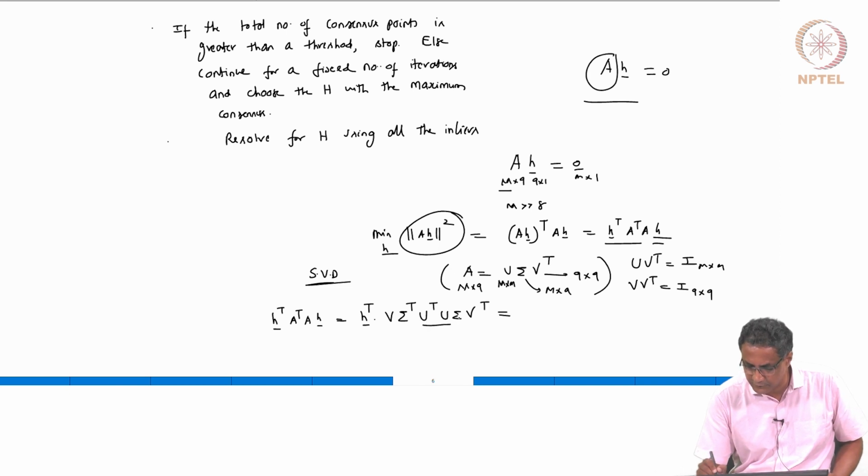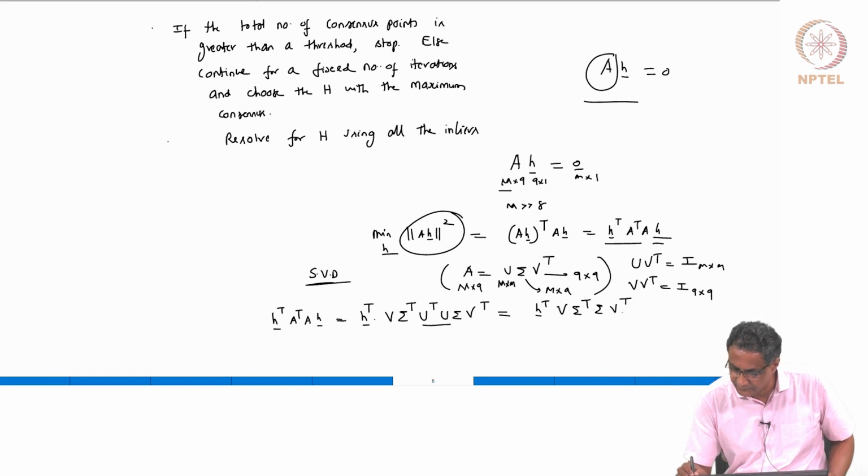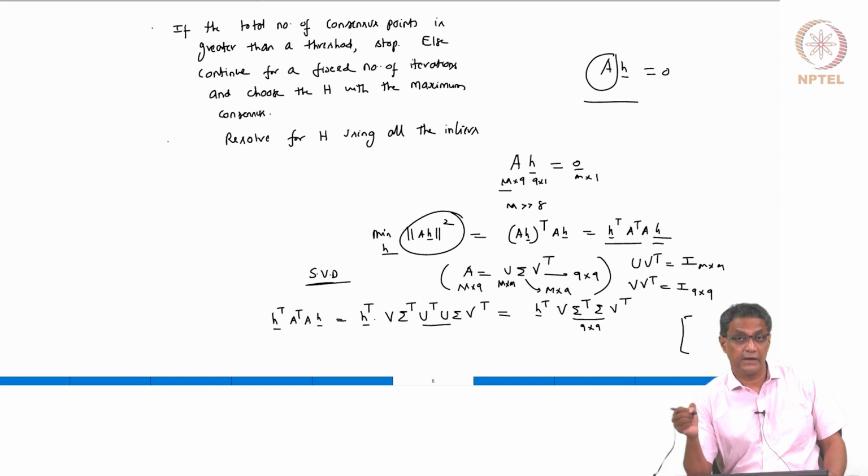U transpose U is identity, so these are inverses of each other, and you get H transpose V sigma transpose sigma V transpose H. And sigma transpose sigma is what? Sigma is m cross 9, so this is 9 cross 9, and what it contains are the singular values of A.